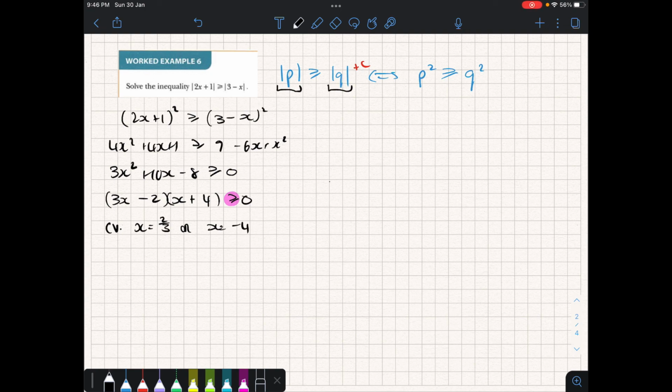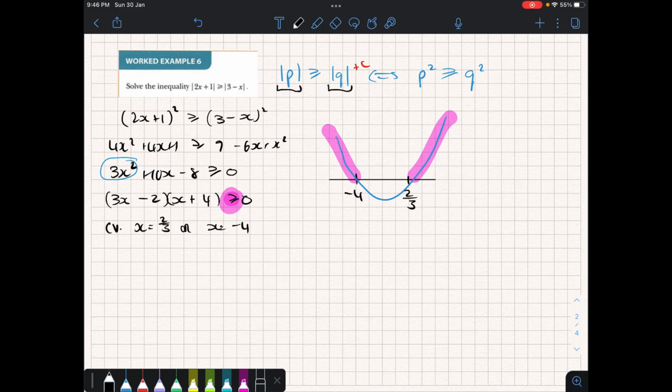And what we can do is plot these on a simple number line, minus 4 and 2 over 3. This is a positive shaped quadratic, right? And what we're asking is where it is greater than 0. And it's greater than 0 when it is over here and when it's over here. So this happens to be on either side of the two x-intercepts.